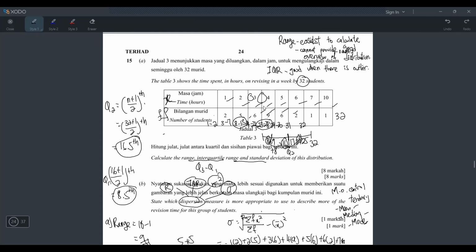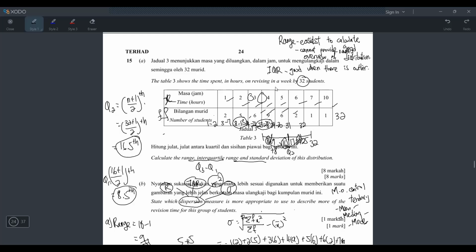When there is a value like this, using range is not good because you include the outlier in your data, so the range is not very good to measure. But for the interquartile range, we don't take the very last and very first; we take the middle of the second half and the middle of the first half. That's why it's good when there is an outlier.